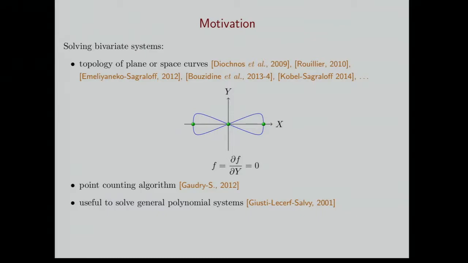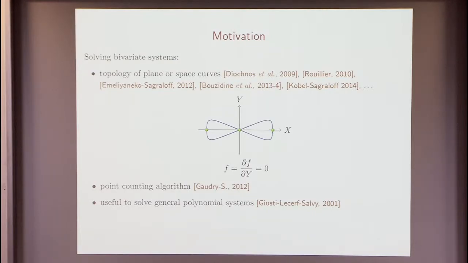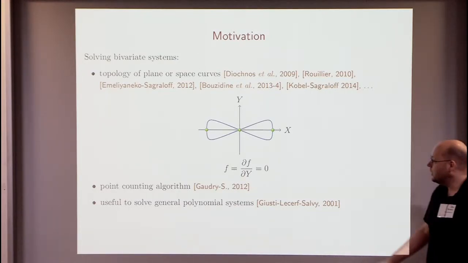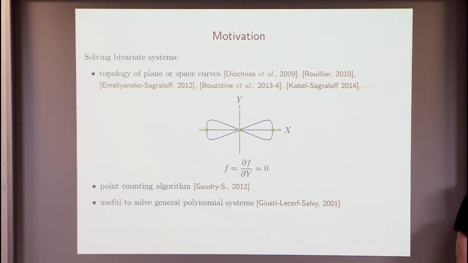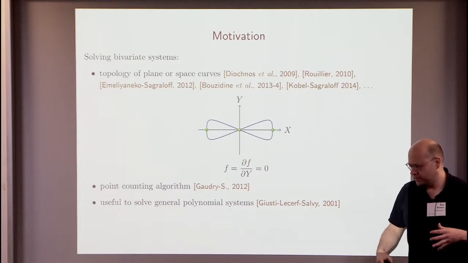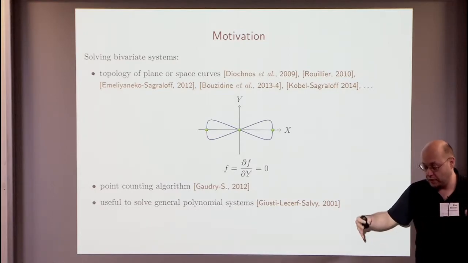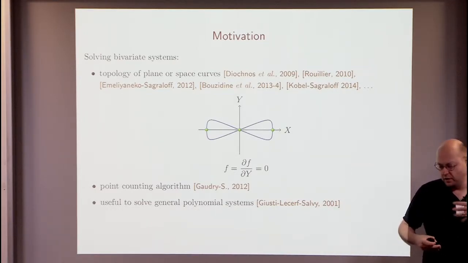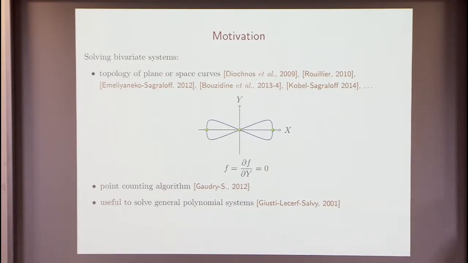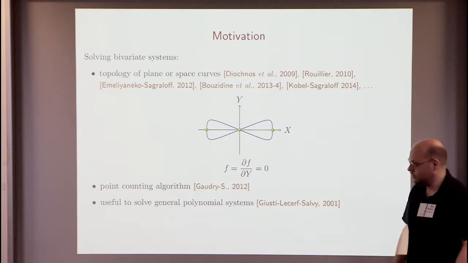And as well, that question of two equations, two unknowns, also shows up as one of the ingredients in an algorithm that was mentioned a couple of times before, geometric resolution, due to, in that precise version, Giusti, Lecerf, and Salvy. And that's a kind of symbolic homotopy algorithm. So symbolic homotopy means you are going to lift an actual algebraic curve and then cut it through by the next equation, which leads you to solving systems of two equations in two unknowns. But to be perfectly honest, that part is not the bottleneck of the whole process. So it just appears there, but there are more costly steps.